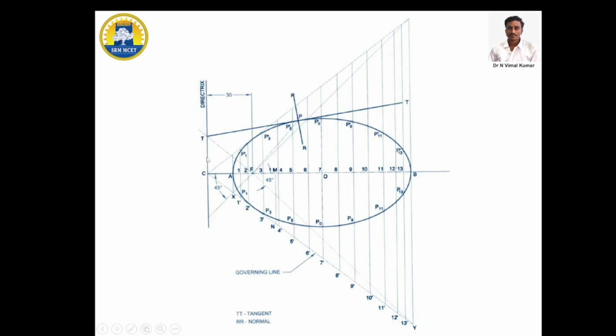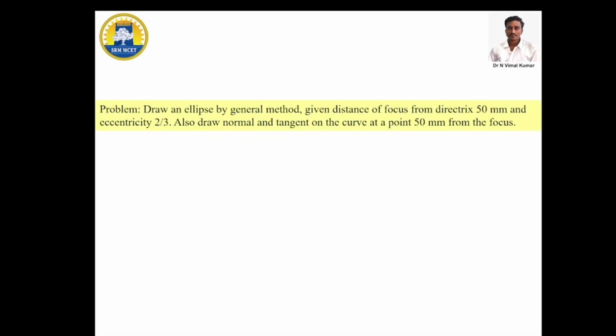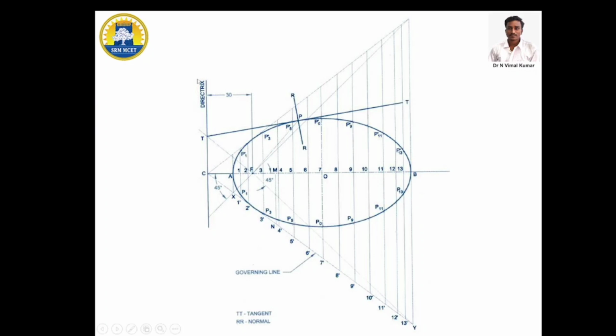First we need to draw the directrix. Next mark the center point, directrix to the focus point. Total length is 50 mm. Here vertex to center point is 30 mm, here 20 mm. Next we need to measure the vertex to focus distance, 20 mm.